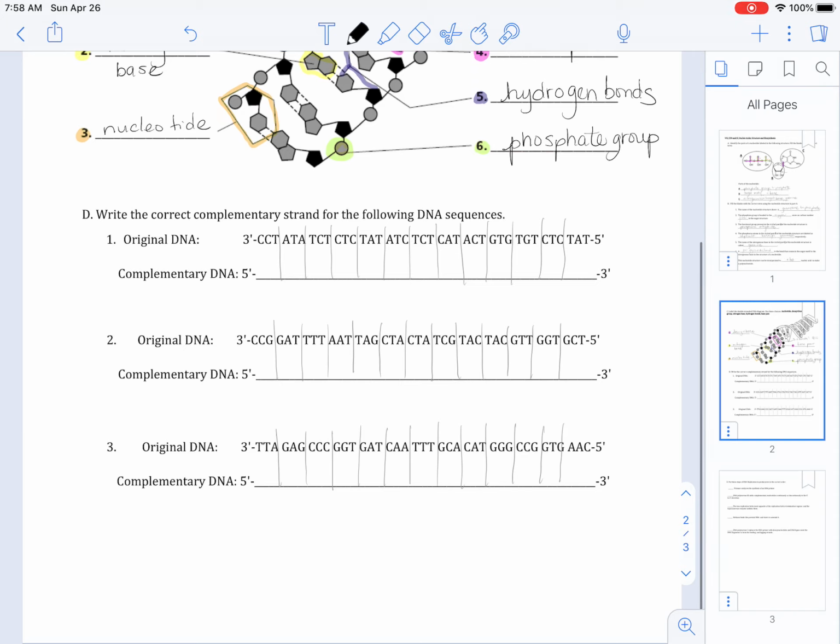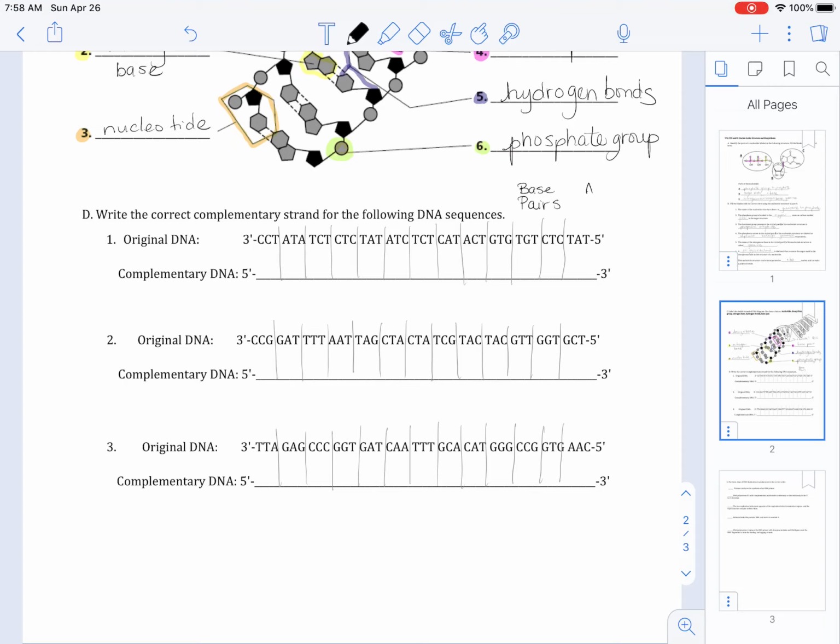Let's move on to part D. On part D, we're going to be writing the correct complementary strand for the following DNA sequences. Understand that whenever we're writing the complementary strand for a DNA sequence, base pairing is going to go in the following manner.